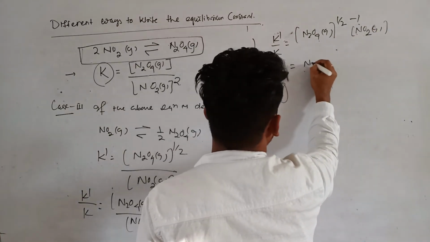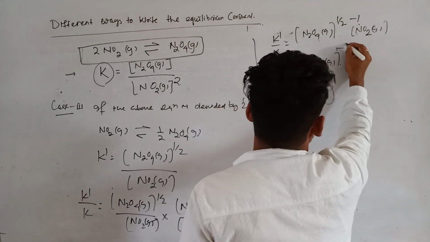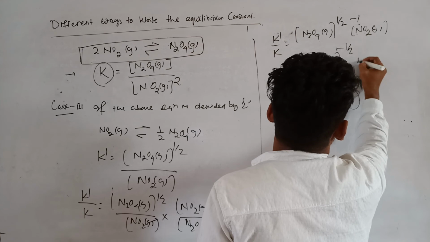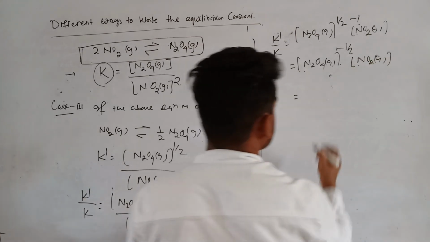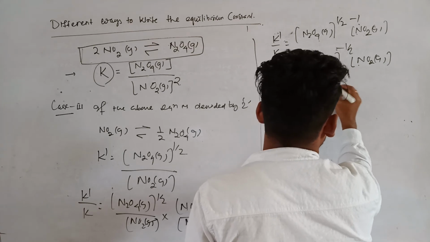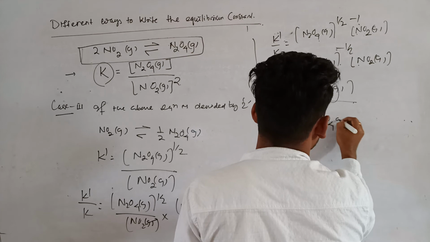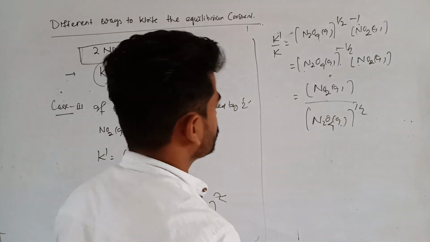So that will be equal to N2O4 gas to the power 1 by 2 minus 1 into NO2 gas. It can be written like this: NO2 gas divided by N2O4 gas to the power 1 by 2.